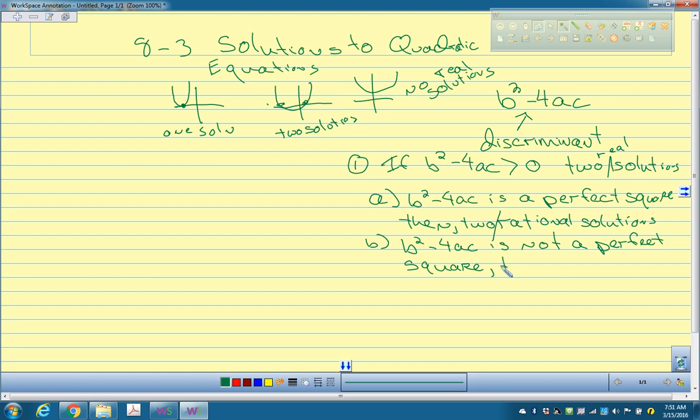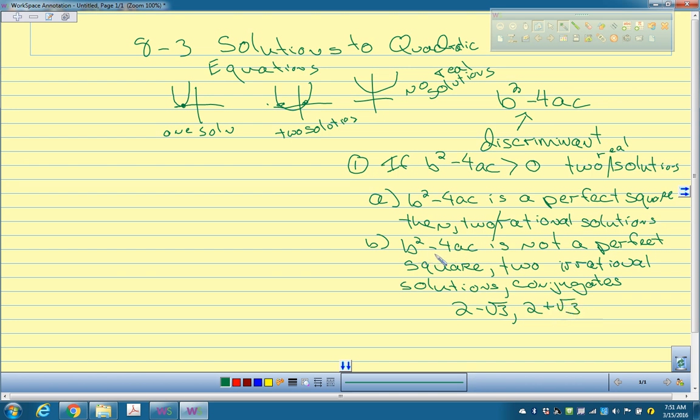And if b squared minus 4ac is not a perfect square, then you have two irrational solutions, and they are conjugates of each other. Irrational conjugates are going to look like this: 2 minus square root of 3 and 2 plus square root of 3.